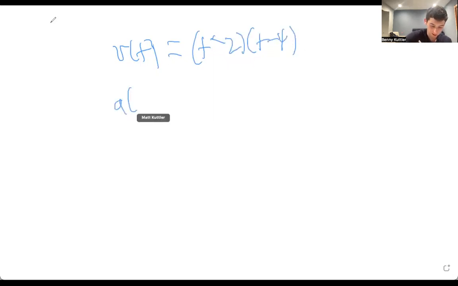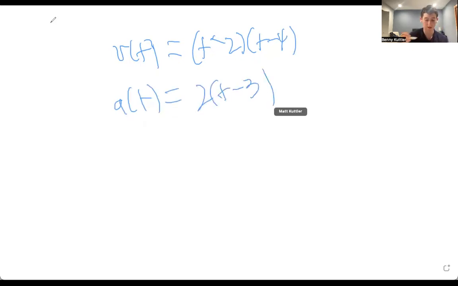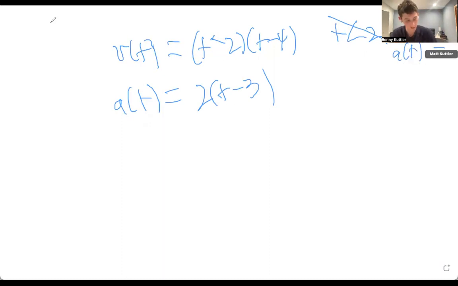And then a of t equals 2t minus 3. So we know that t is less than 2 is not going to work because v of t is positive, a of t is negative. So now let's check in between 2 and 3, because that's where the velocity and the acceleration are not going to change on that interval. So we're just looking to see if it works there.